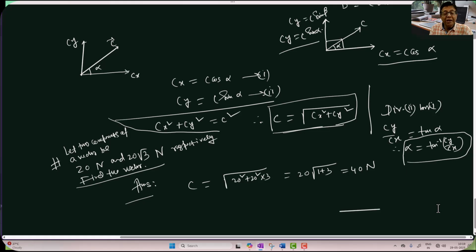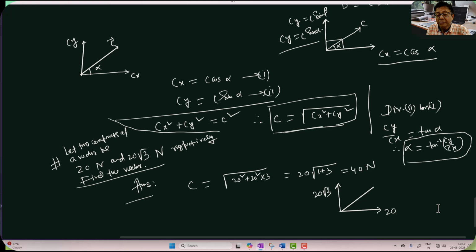So if you use this formula, the vector is C, C is going to be 40 Newton. 20 Newton you have taken in this manner, 20 root 3 you have taken in this manner. These are horizontal and vertical components. This is the resultant 40 you got, this angle be alpha. Then tan alpha, what formula you got? Cy by Cx.